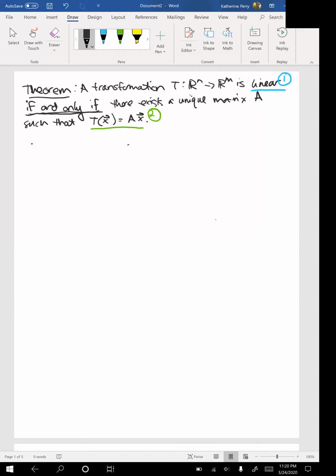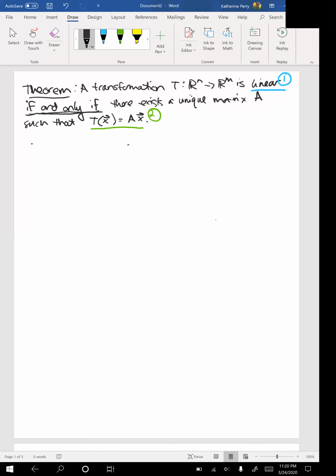So this is saying if a transformation is linear, then it can be written as a matrix times the input vectors. But it's also saying if it can be written as a matrix times a vector, then it's linear. So that's with that if and only if. It kind of means 1 implies 2, but 2 also implies 1. If it just said if, then that would only mean 1 implies 2, not necessarily the other way around.